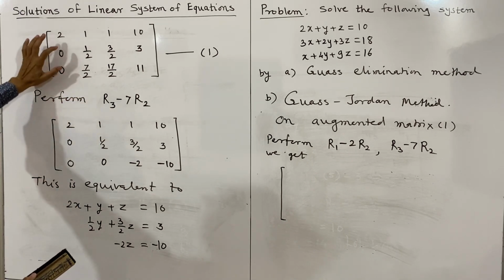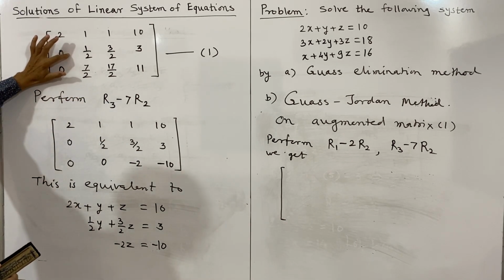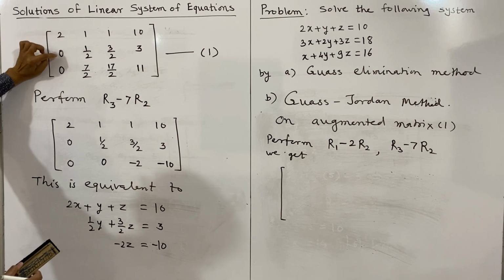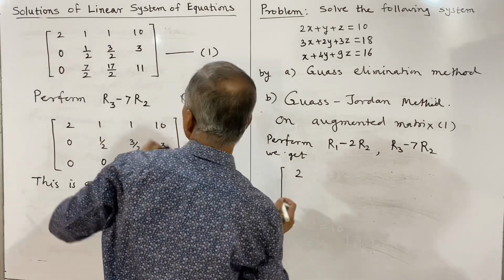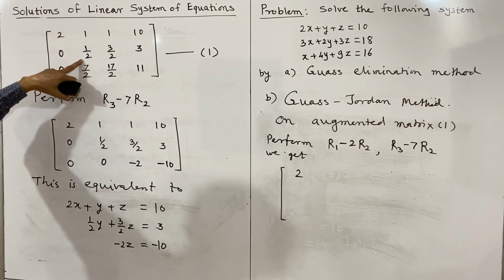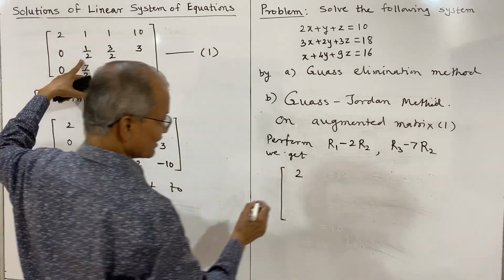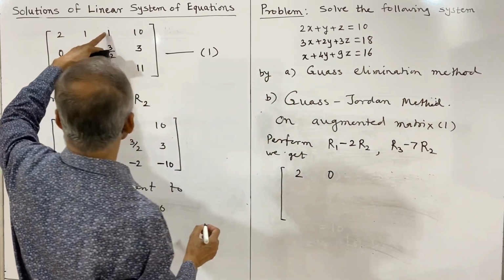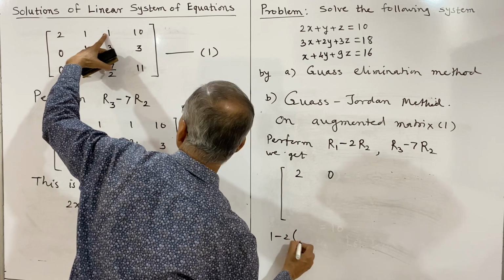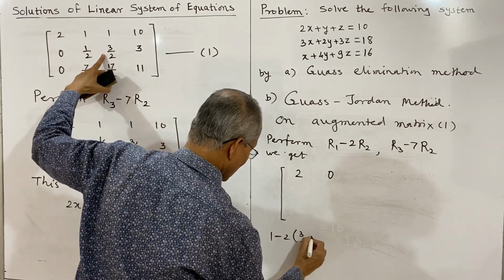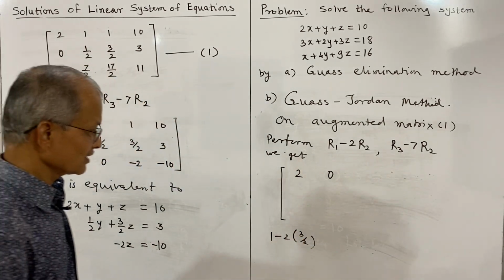And see R1 minus 2 times R2. So refer to this. R1, that is 2, and because this is 0, it is unchanged, that is 2. It is 1 minus 2 times half, that is 1 minus 1, which is 0. And this is 1 minus 2 times 3 by 2. You see 1 minus 3, that is minus 2.